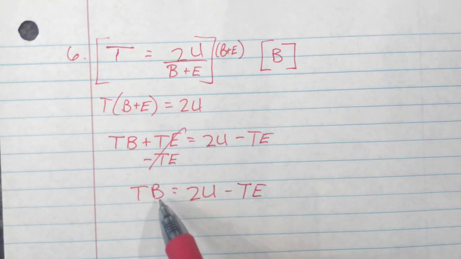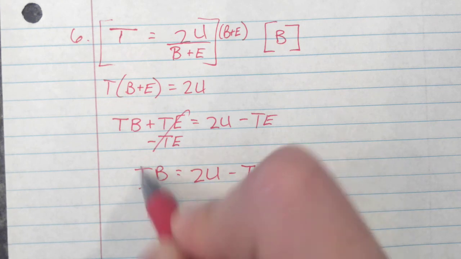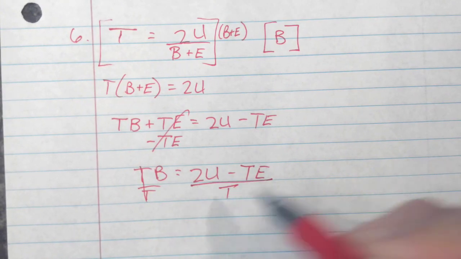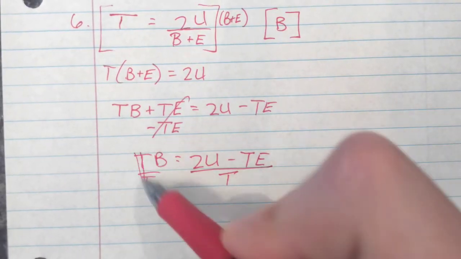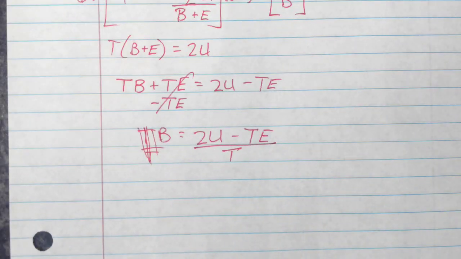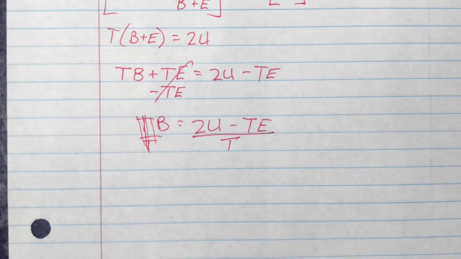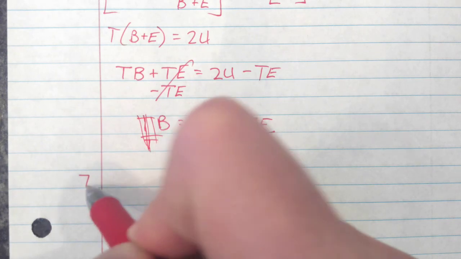And then next, to get b by itself, you just divide by t to this side, which means this whole side gets divided by t. And there is what b is, (2u minus te) all over t. So yeah, one more example of those.